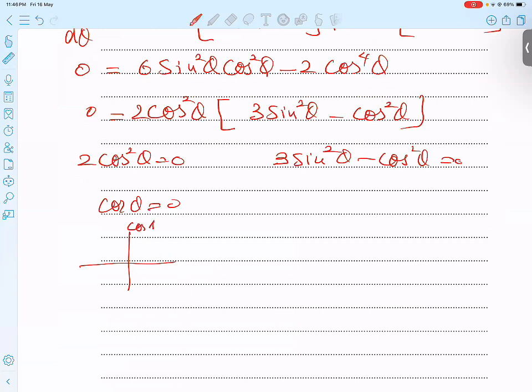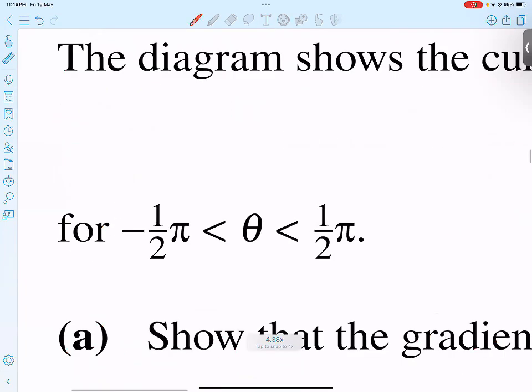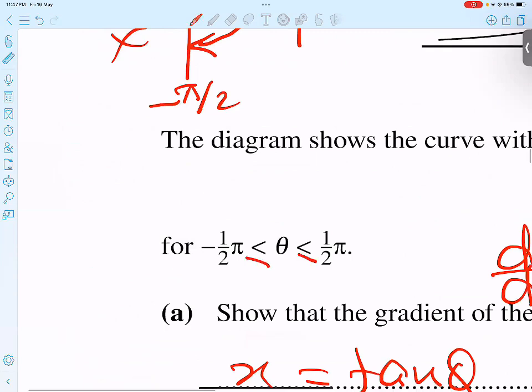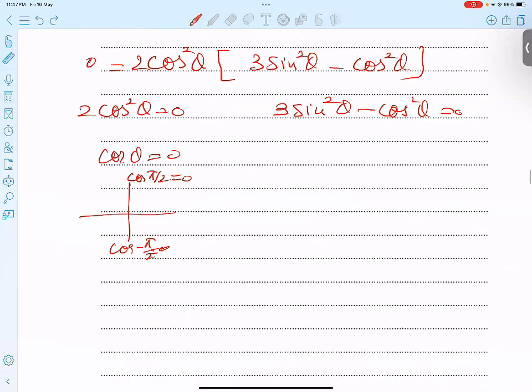Cos pi by 2 is 0, and cos negative pi by 2 is 0. But do you know, student, look on top, it did not put an equal sign. If an equal sign is there, we can take it, but no equal sign, so we will not take it. So both answers are out of range. No solution comes from here.